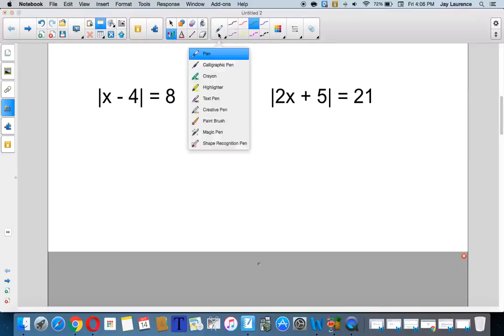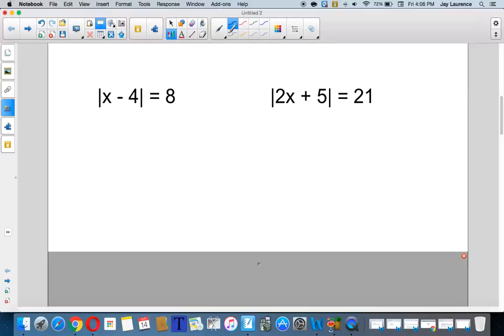To take an absolute value, the first thing we're going to do is write 2 equations or 2 inequalities depending on what we're dealing with. So the first thing I'm going to write is x minus 4 equals 8. That's going to be the first equation I have to solve.